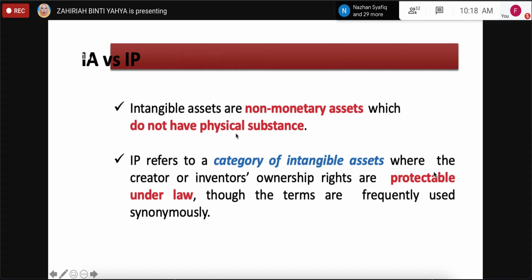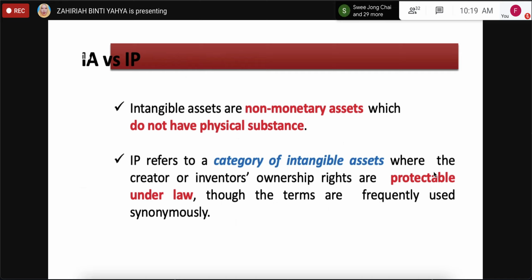Okey, ni lagi sekali tekankan, intangible asset is non-monetary asset. IP refer to category of intangible asset where the creators or inventor ownership right are protectable under law, through the term frequently used synonymously.